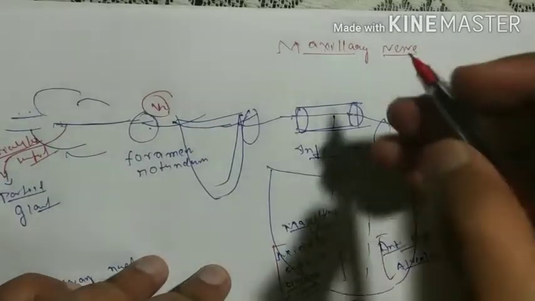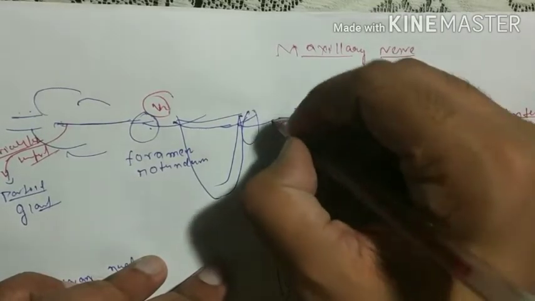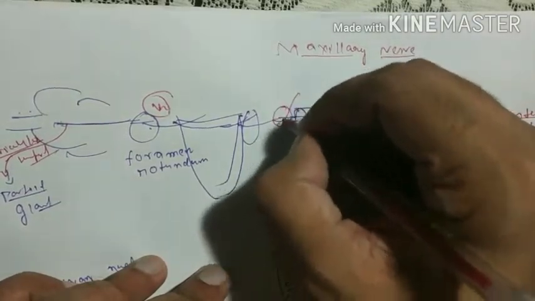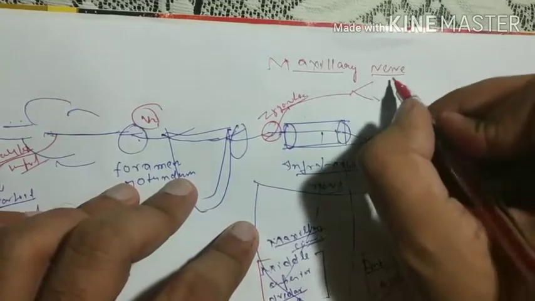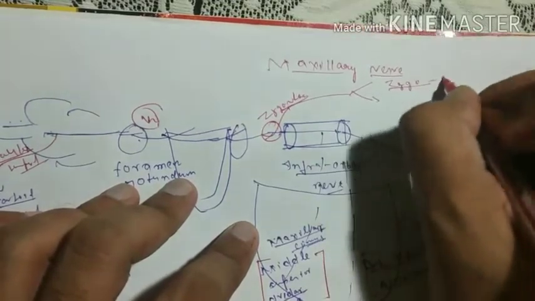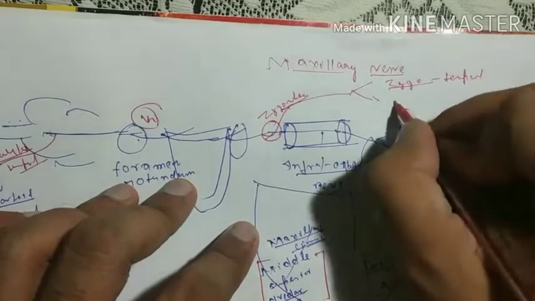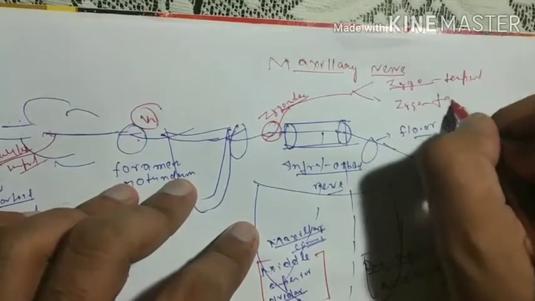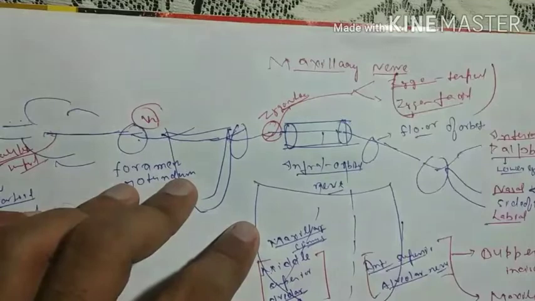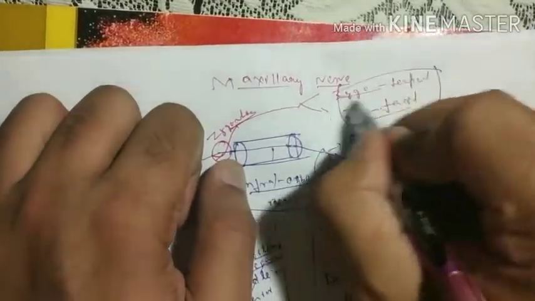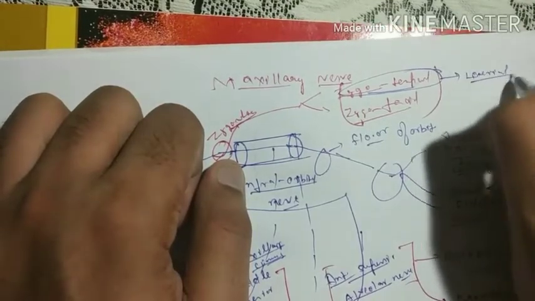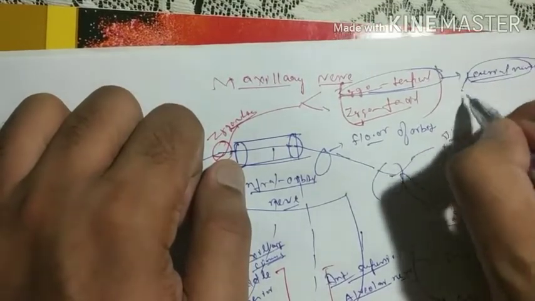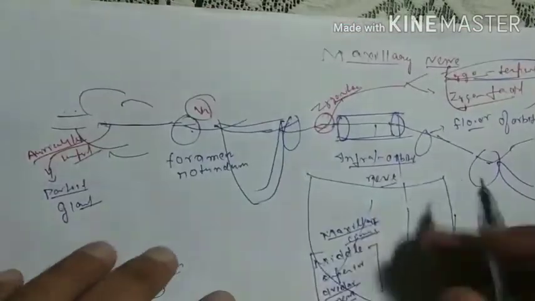When the orbital nerve goes through the inferior orbital fissure to the zygomatic bone, it gives two branches, zygomaticotemporal and zygomaticofacial. The zygomaticotemporal joins with the lacrimal nerve and supplies the lacrimal gland, which is behind the eye.